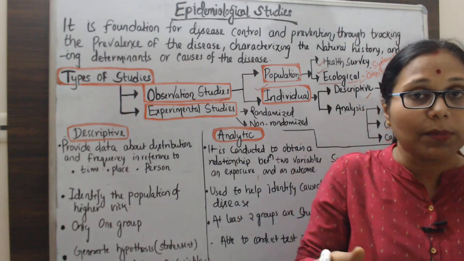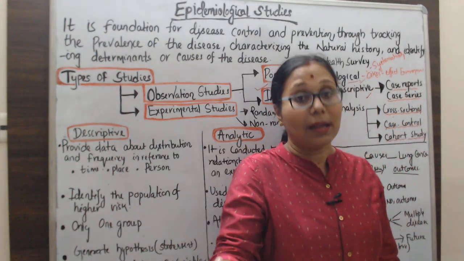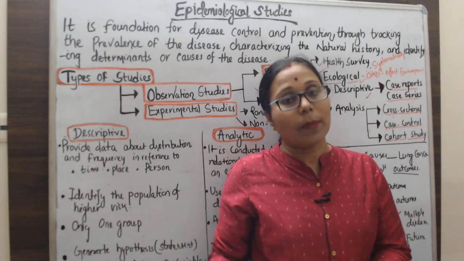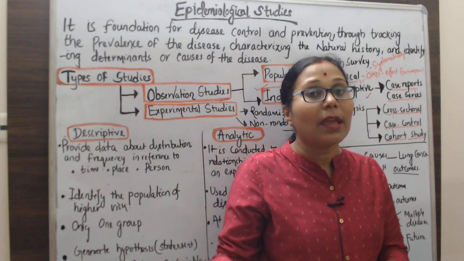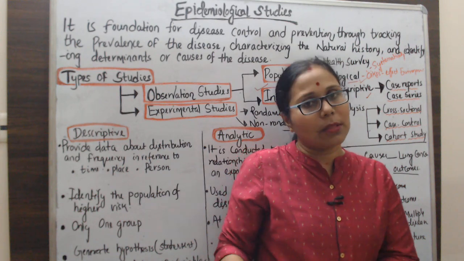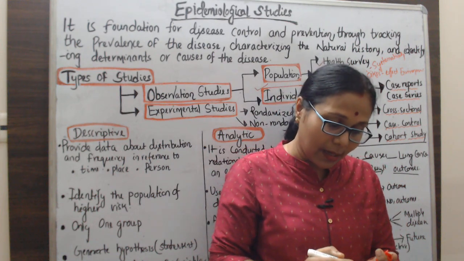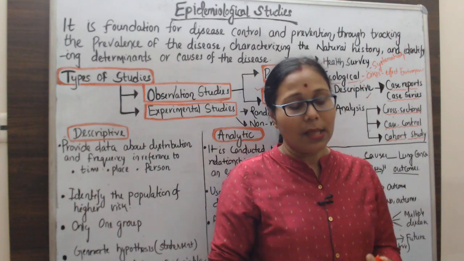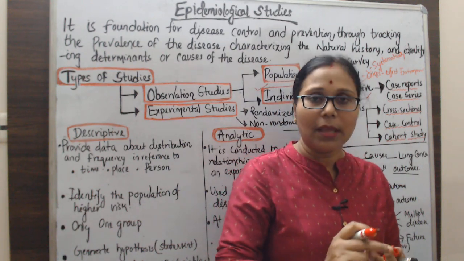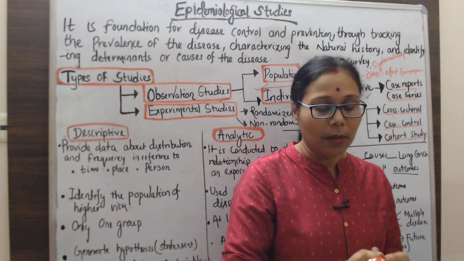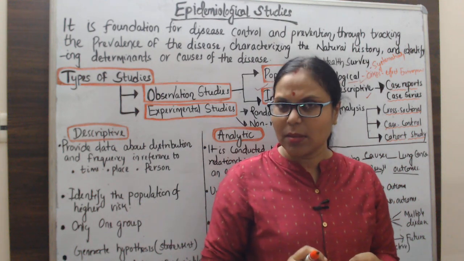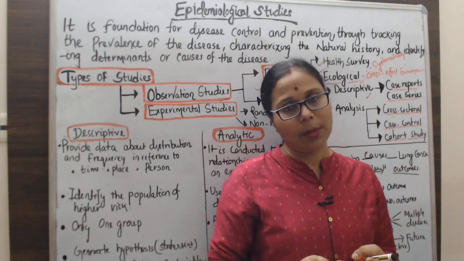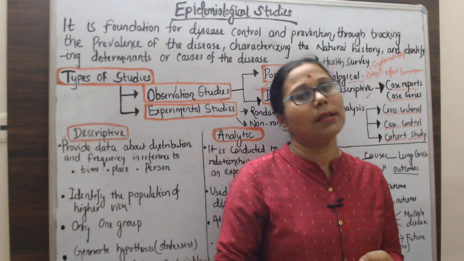Descriptive provides data on the distribution and frequency of occurrence of disease, that is, time, person and place: where the disease occurs, which people are more affected, and in which area.